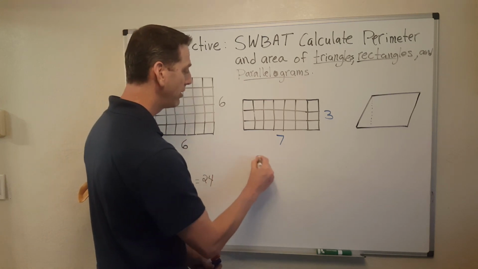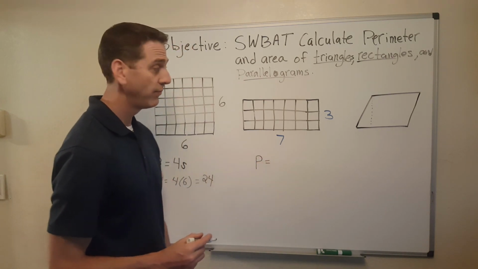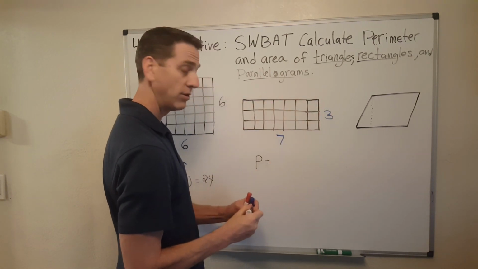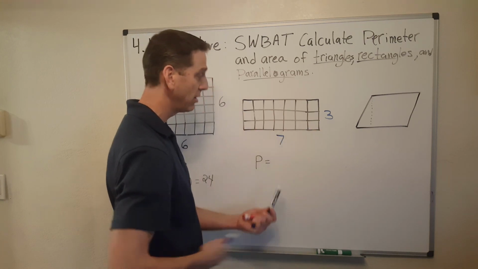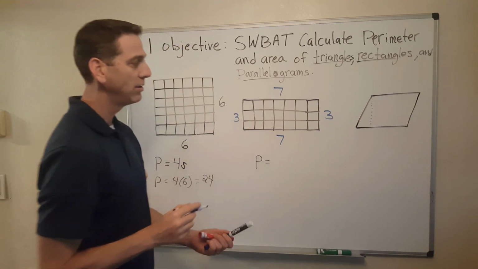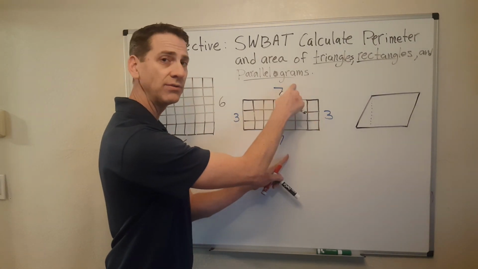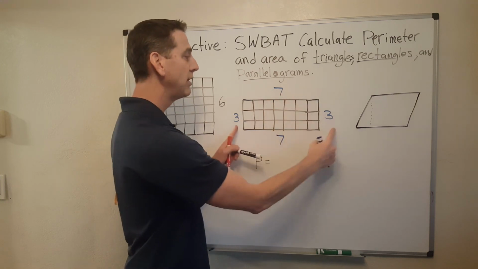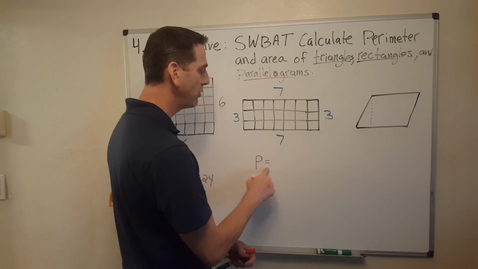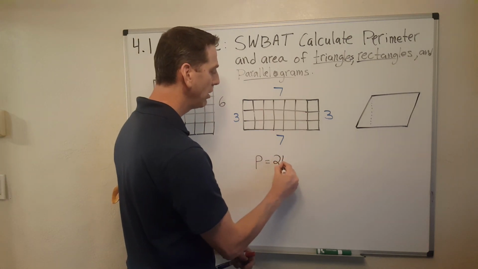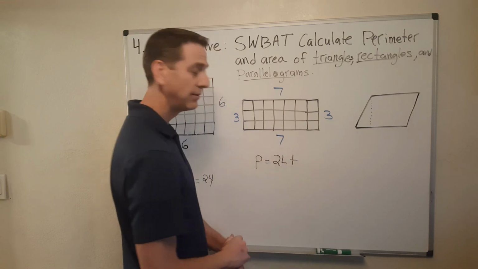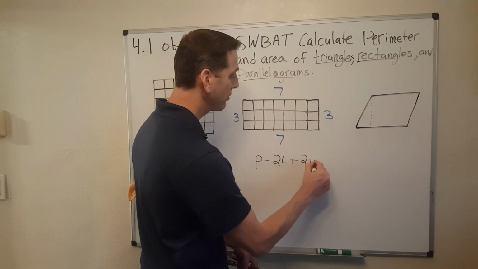Okay, so the perimeter of a rectangle is, well, what's the length of this side up here? You got it. It's the same as the bottom right there. So this is 7, and this would be 3 as well. So notice I have 2 3s and 2 7s. Or I have 2 lengths and 2 widths. So I could show this as the perimeter equals 2 lengths plus 2 widths.